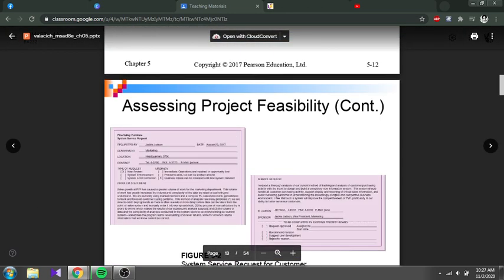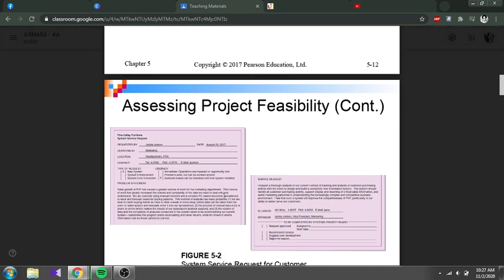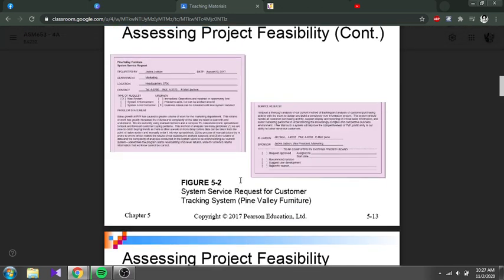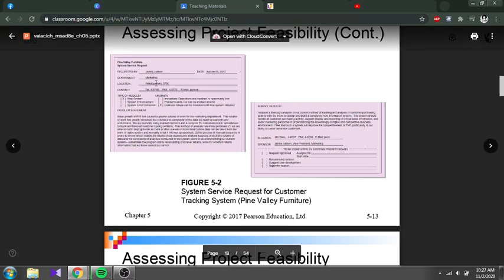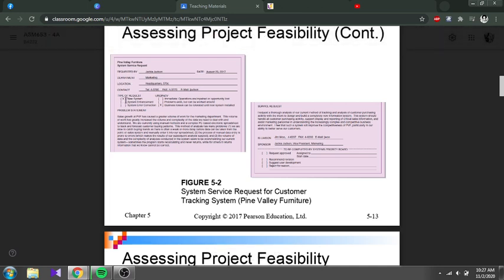Okay, and then we have this to help you better understand. You can look at how project feasibility is made in this example of Pine Valley Furniture here. As you can see, it shows which department requested it, and then the type of request.